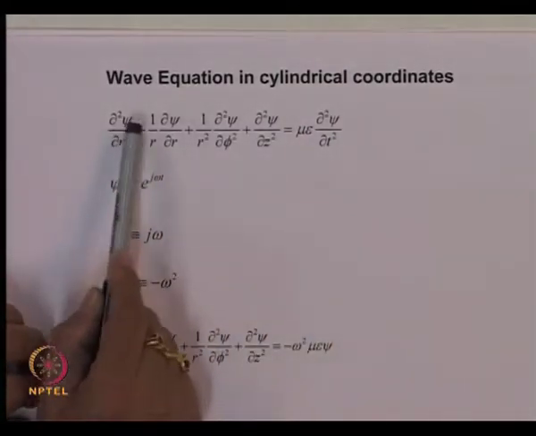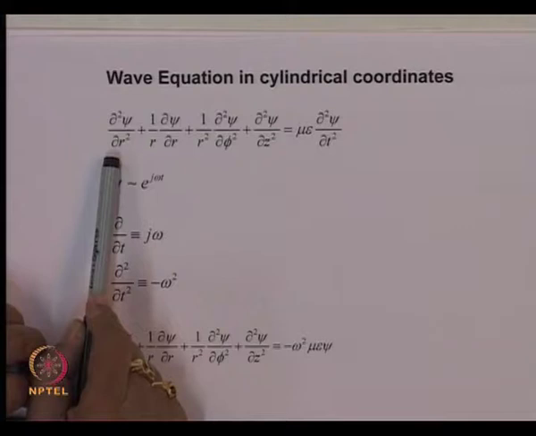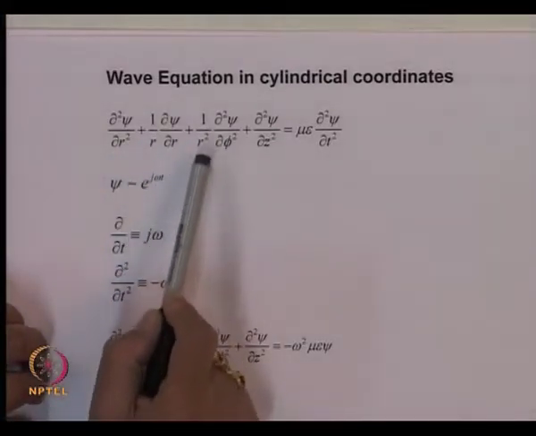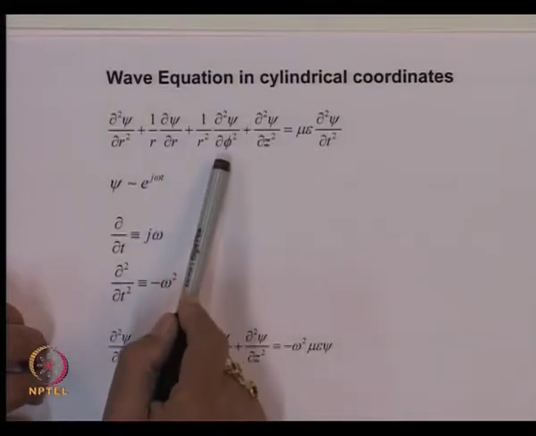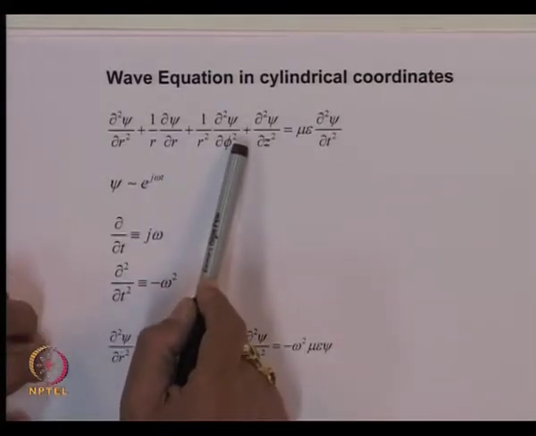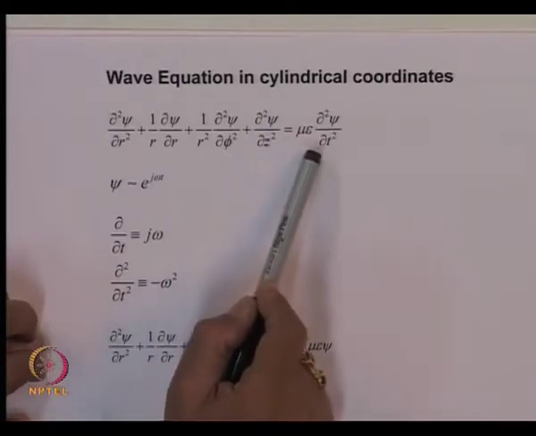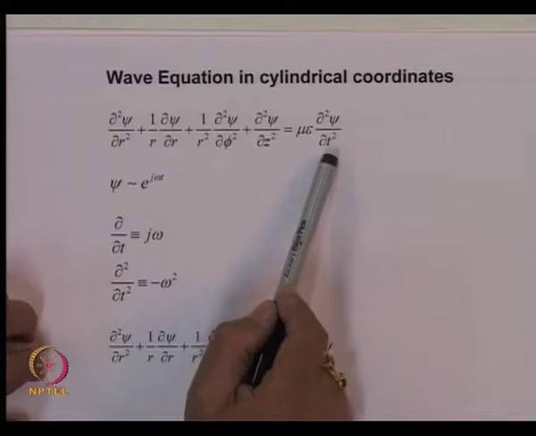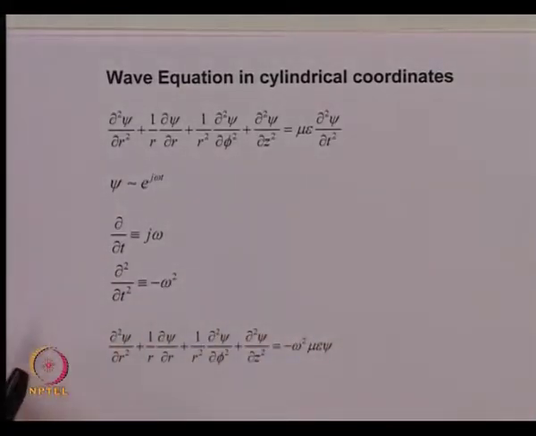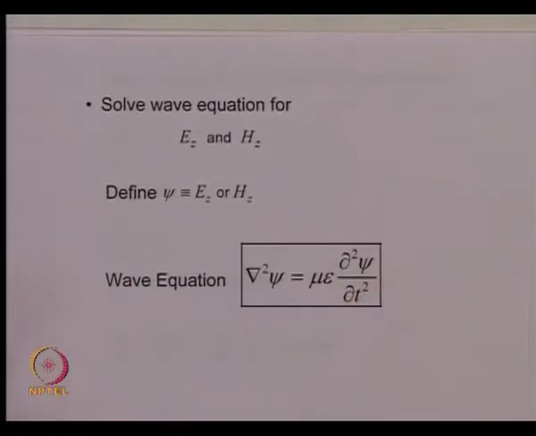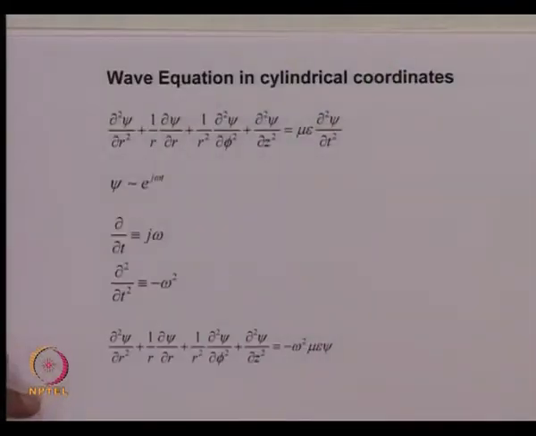So, we have d2 psi upon dr square plus 1 upon r d psi by dr plus 1 upon r square d2 psi by d phi square plus d2 psi upon dz square, that is equal to mu epsilon d2 psi upon dt square. So, the same wave equation which is written here in a compact form can be explicitly written for the cylindrical coordinate system like this.